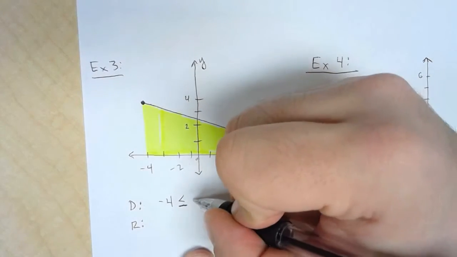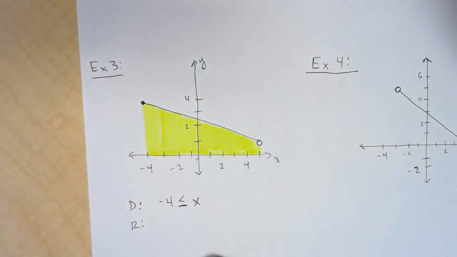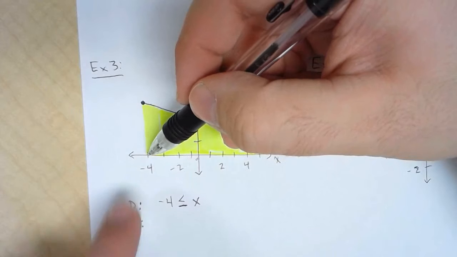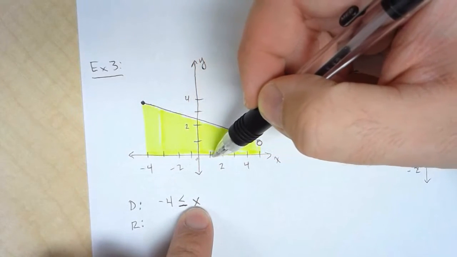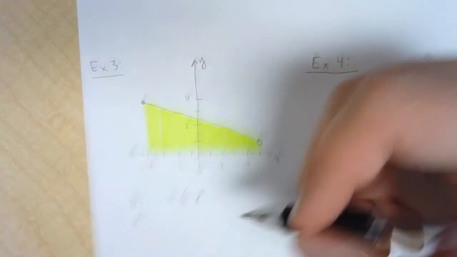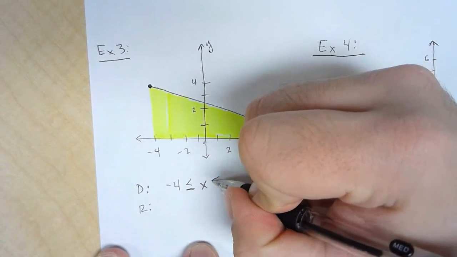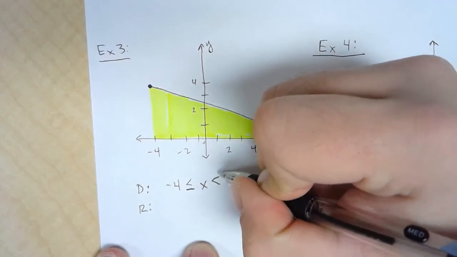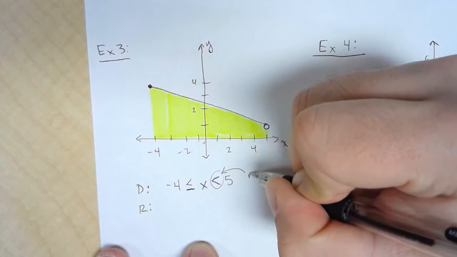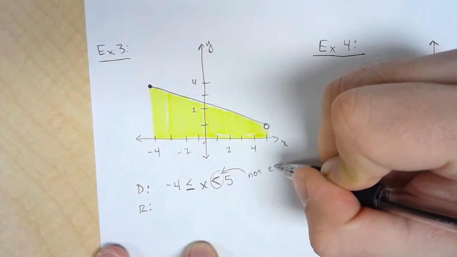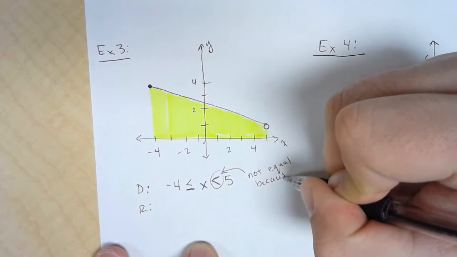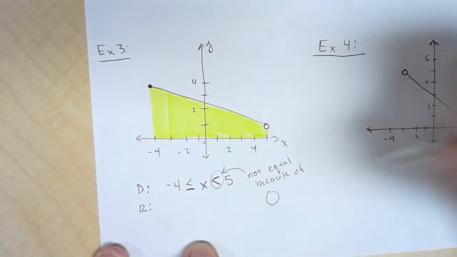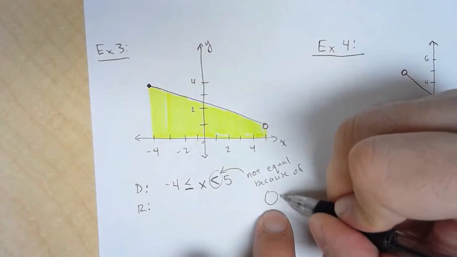Our domain values are covered by x, and it's going to go all the way up until, so -4 is less than all of these numbers, which are going to go all the way to 0, 1, 2, 3, 4, and all the way to 5. And the difference on this symbol is it does not have the line underneath it. It's not equal because of the open circle, it's a big open circle.